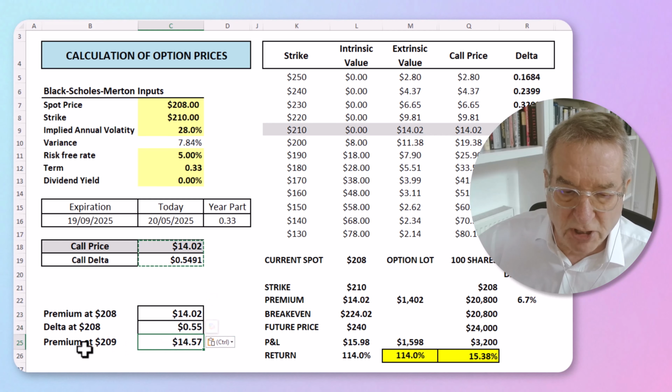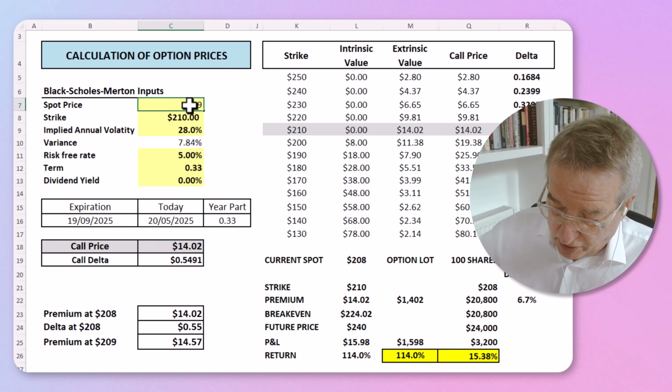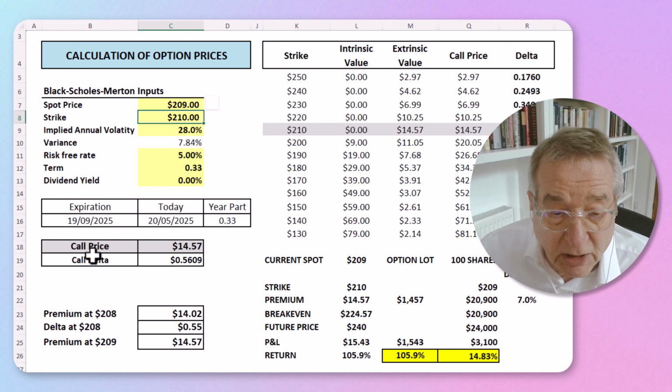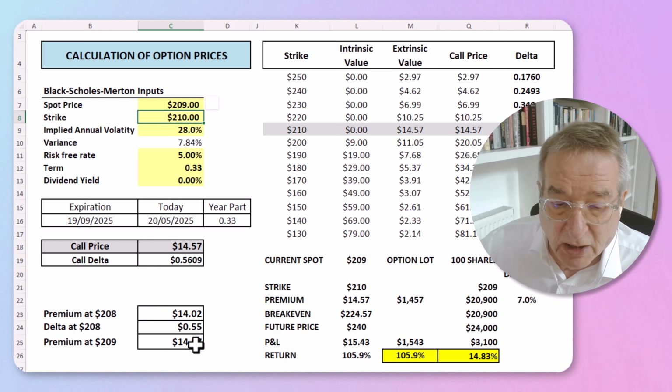Essentially that is what the premium would be if we were to increase the spot price as one of these inputs by $1. So let me do that. I put 209. And as can be seen, the new price for the call with a higher spot price, $1 higher, is 14.57, which is exactly the same number here.